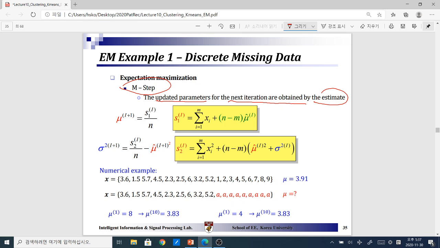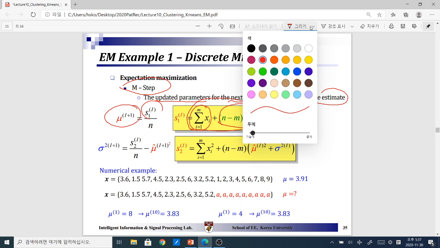And that estimation is, for example, for the mu, it's going to be the sum of all the values, those of the samples that have the values, as well as those of the samples that are missing, divided by the total number of samples, which happens to be n.